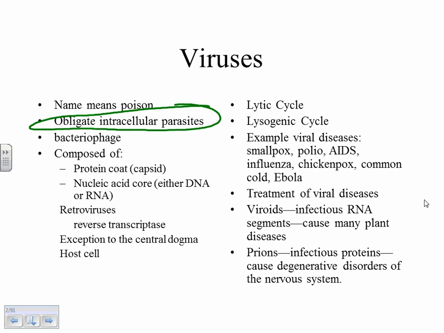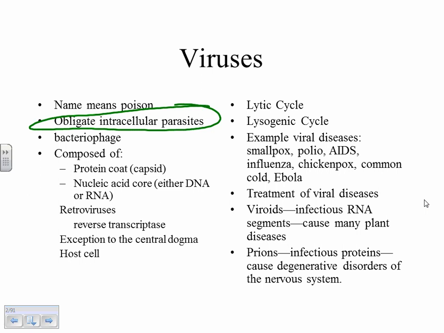Inside a cell. And once they're in there, they're parasites. And we know that means what? What does it mean to be a parasite? You benefit and your host is harmed. So that's a good description of what a virus is. First of all, to do anything, it has to be inside a cell. And once it gets inside that cell, it's parasitic.